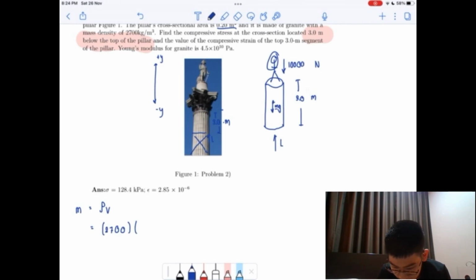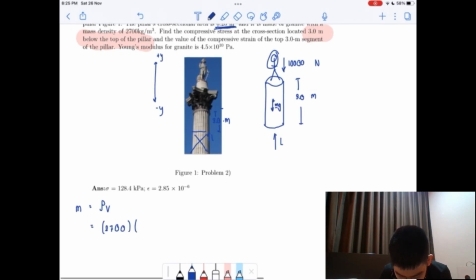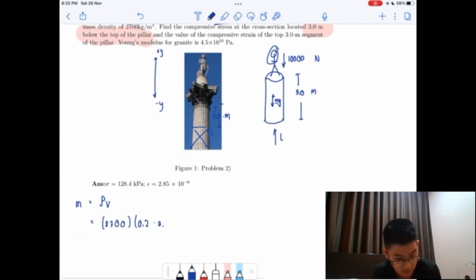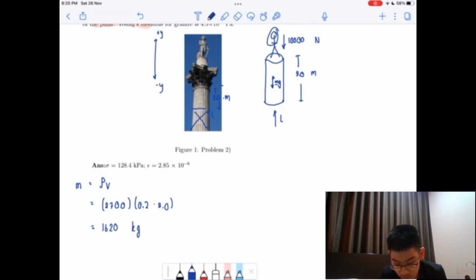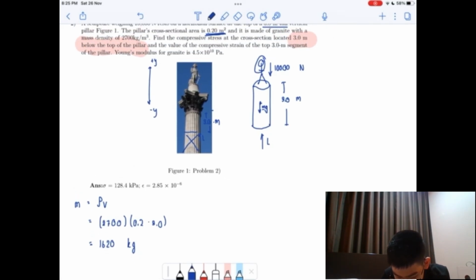So the surface area is like this, 0.2, and the height is 3.0 meters. Using a calculator, we can get M equals 1,620 kilograms.